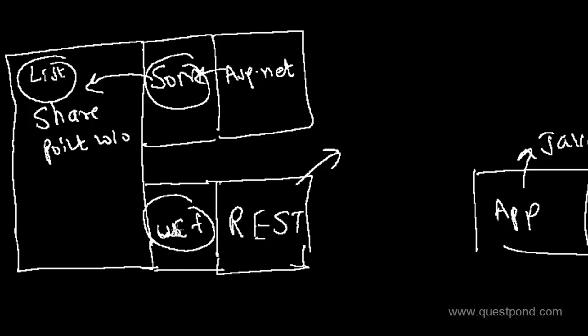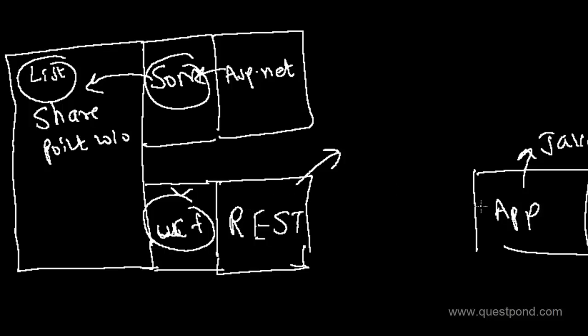WCF services is the main backbone due to which the data of SharePoint is exposed to the web using REST services. Without WCF services, this REST enablement is not possible. And you'll see that when we want to enable REST, we have to install the WCF services setup. We'll talk about that when we start doing the practicals.